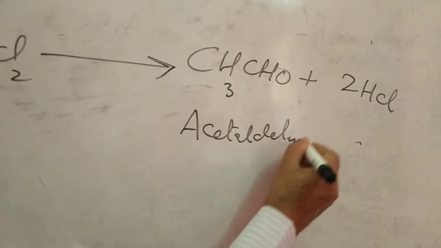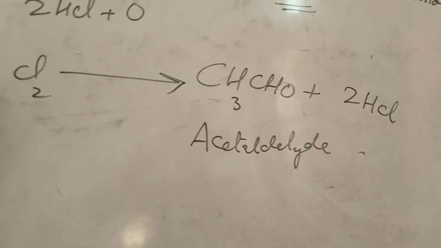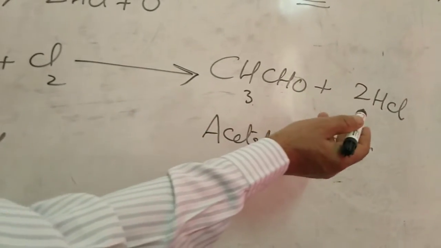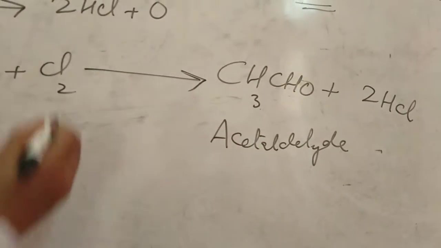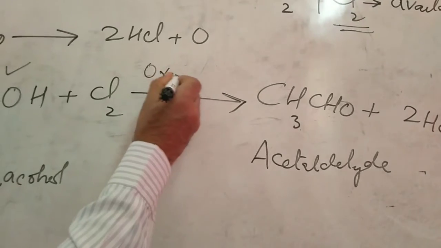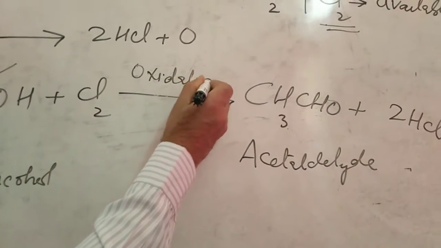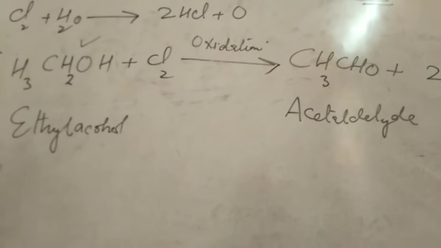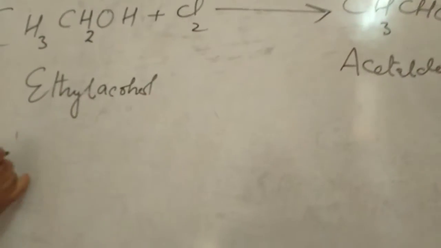First acetaldehyde is formed. That means when we add chlorine to ethyl alcohol, we get acetaldehyde plus hydrochloric acid. This is oxidation, because here hydrogen is removed. Now second, we will take this acetaldehyde.